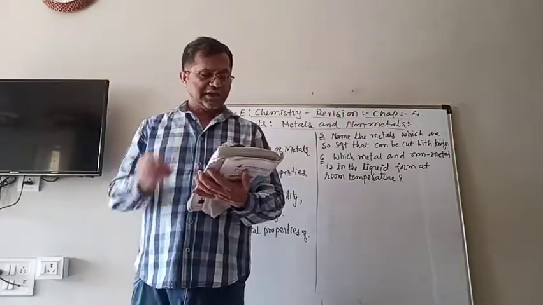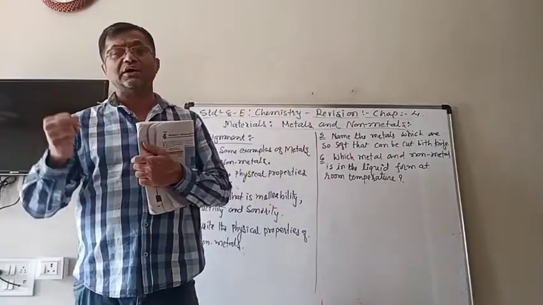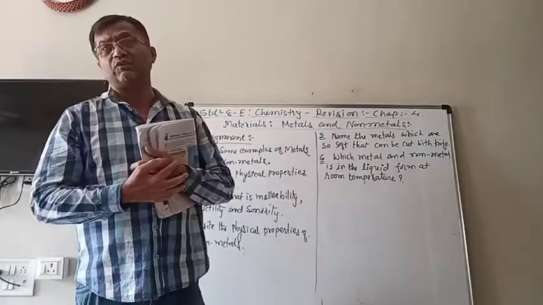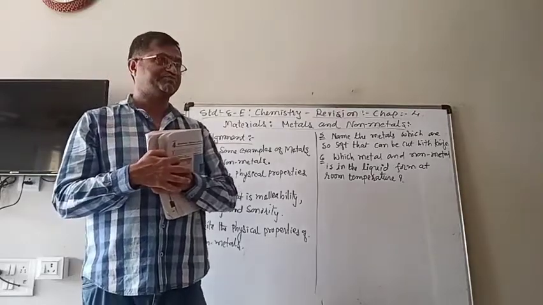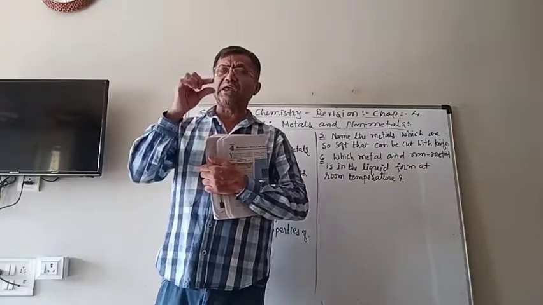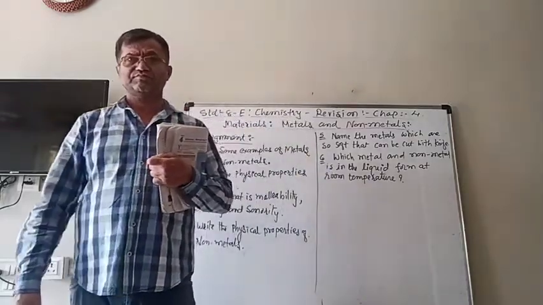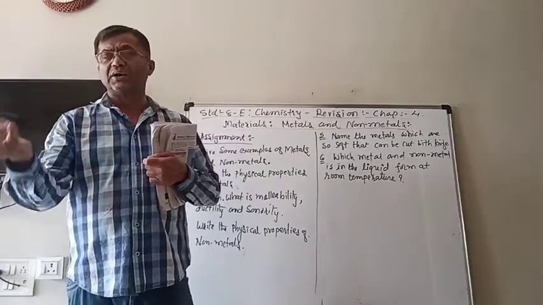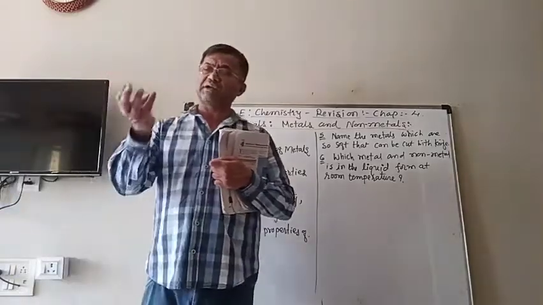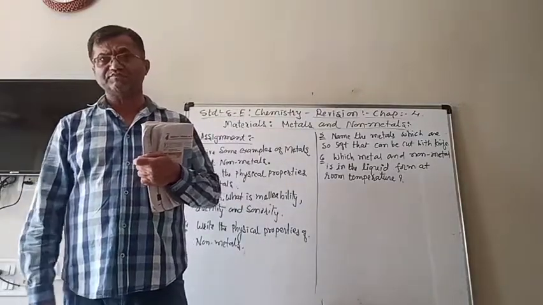Similarly, the other property is ductility, means the metals are ductile. What is the meaning of ductility? Ductility means from the metals you can draw very thin wires. For example, we use aluminium wire and copper wire in conducting electricity.